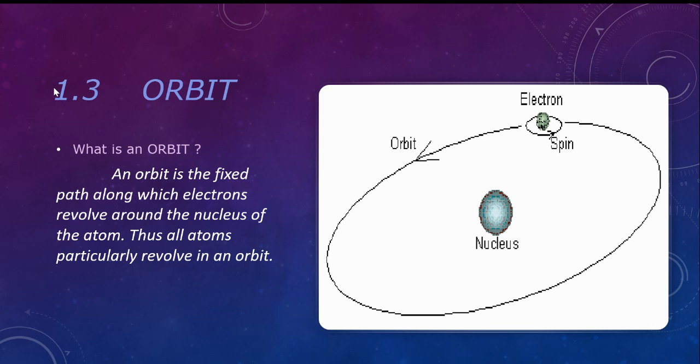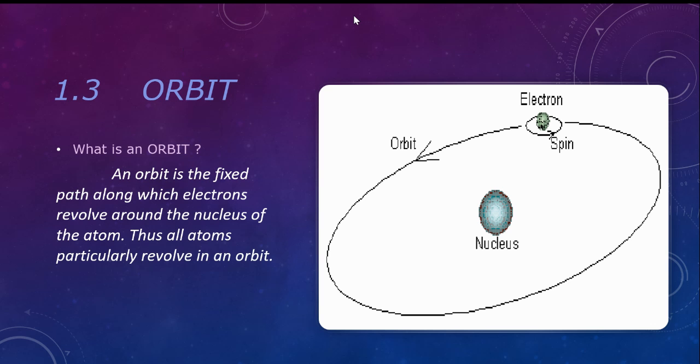He named these rings 1, 2, 3, 4, 5 or K, L, M, N, O. And we know that the energy of each orbit or shell is fixed or quantized. That's why he calls them energy levels.